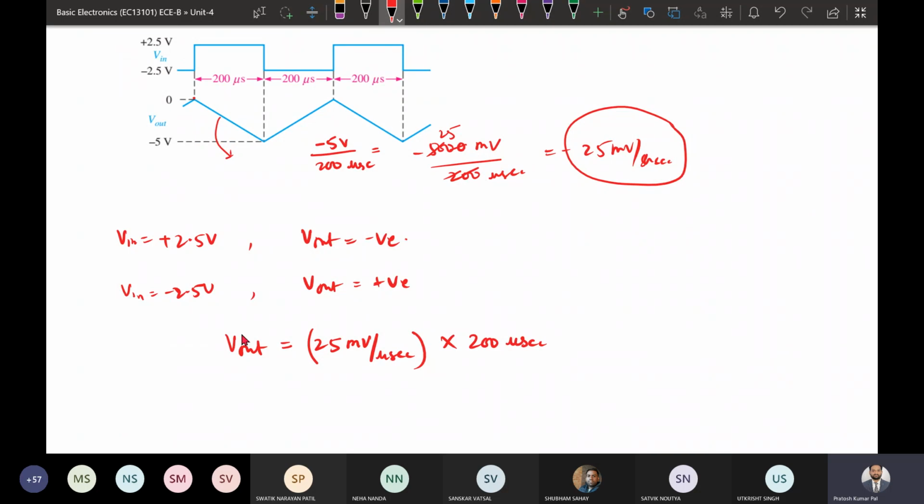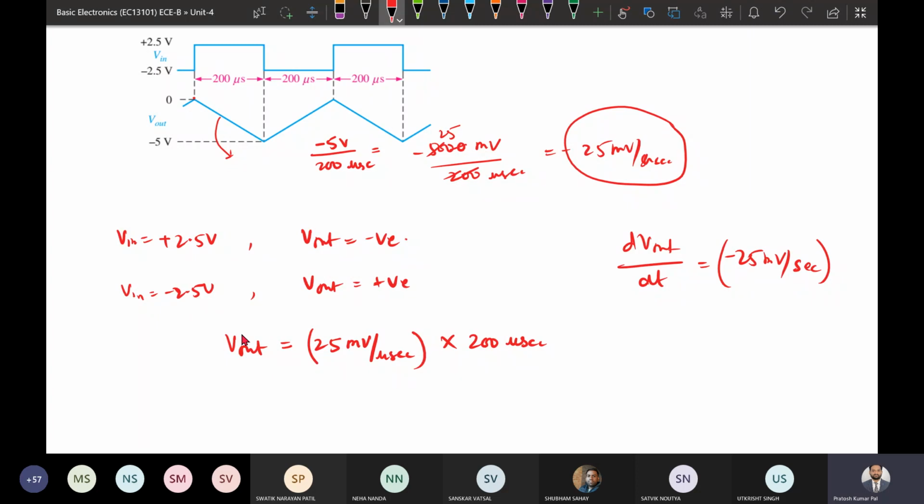Whatever slope we have got, or the rate of change of output, that means dV output divided by dt, that we have obtained, that is minus 25 millivolt per microsecond. If we apply the time duration for which it is going, multiplying by that time, the magnitude will come out.